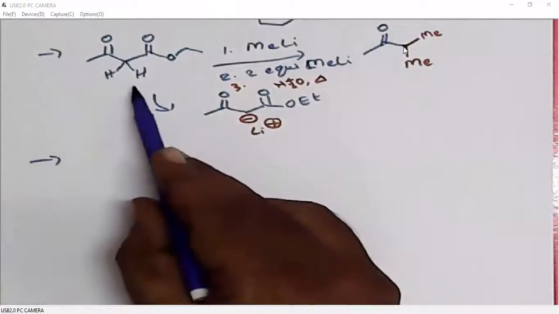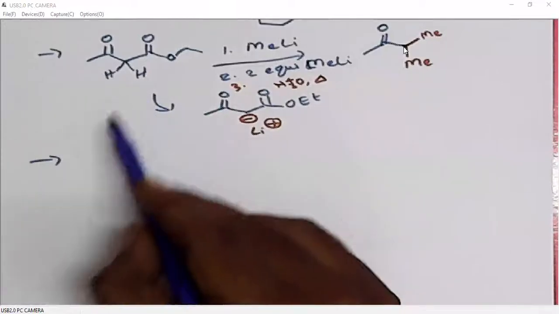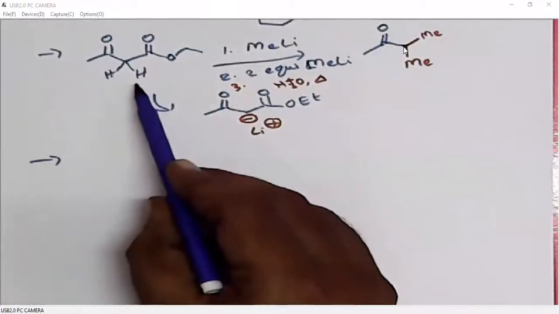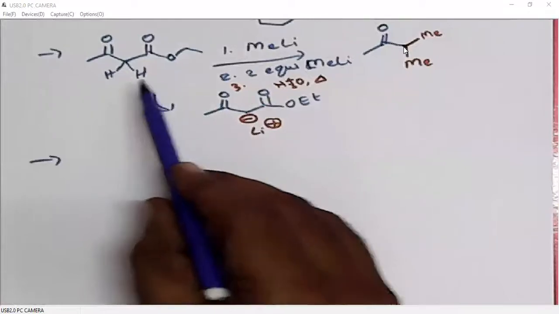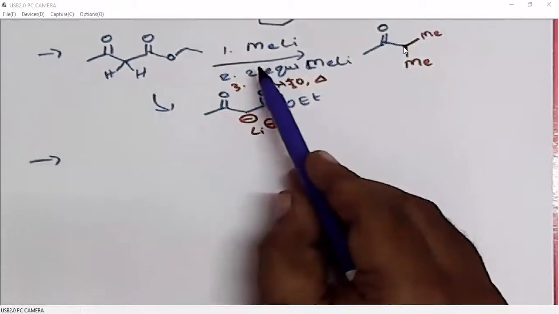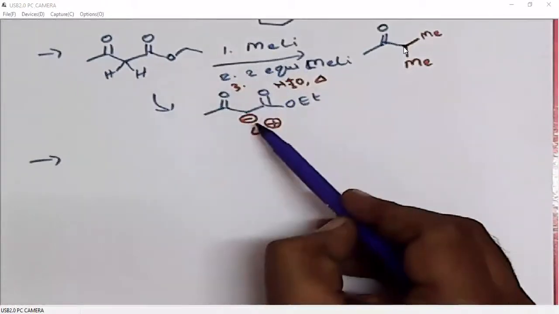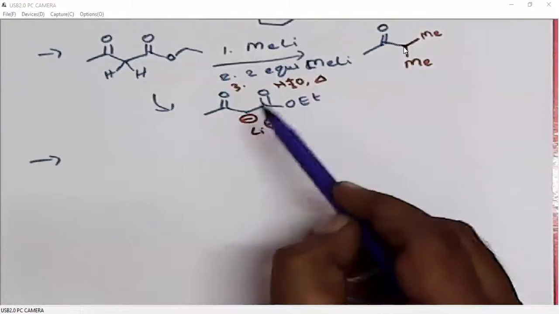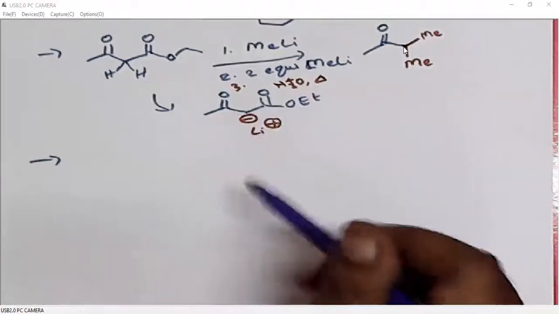So from this reaction, the takeaway point is when we have acidic protons in the molecule, alkyl lithium or Grignard reagents first act as bases. So they will generate in situ alkyl lithium reagents.